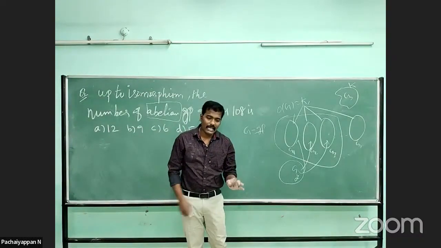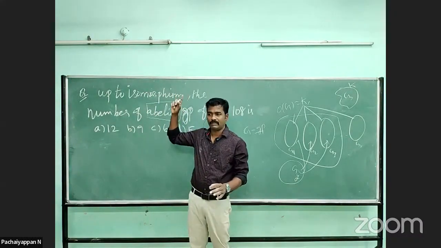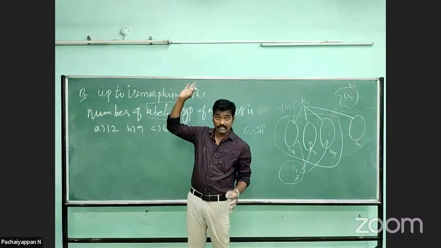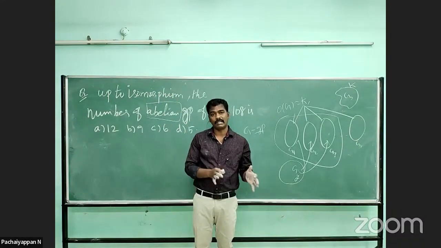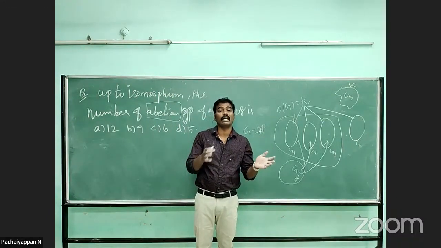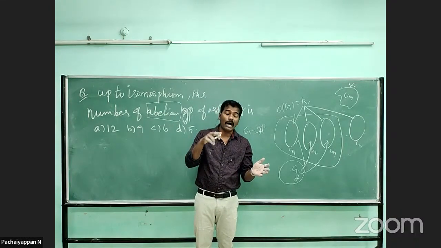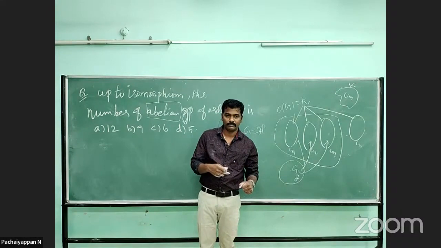Of order K, abelian groups are there, non-abelian groups are there, a lot of abelian and a lot of non-abelian. But here our question is only for abelian groups. How many abelian groups are there of order 108 up to isomorphism?